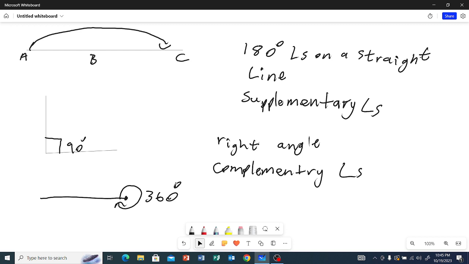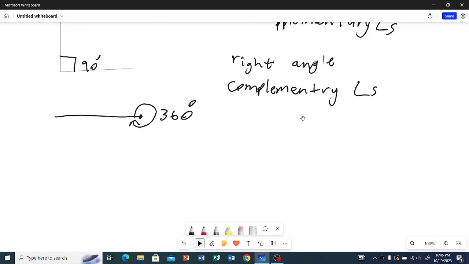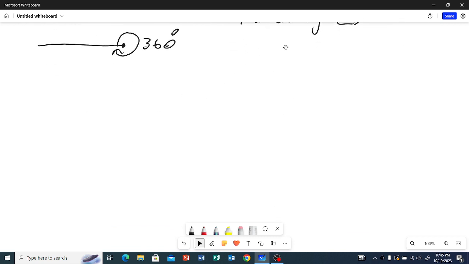All right. So now there are other types of angles that you must know about. For example, angles less than 90 degrees. I'll symbolize the angles with the symbol X. Angles less than 90 degrees, we call them acute angles.